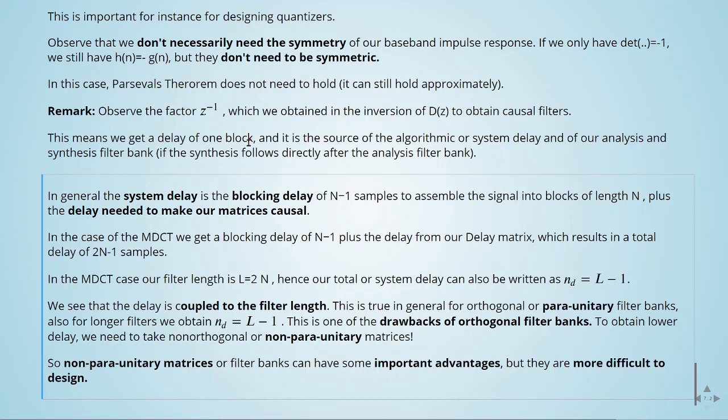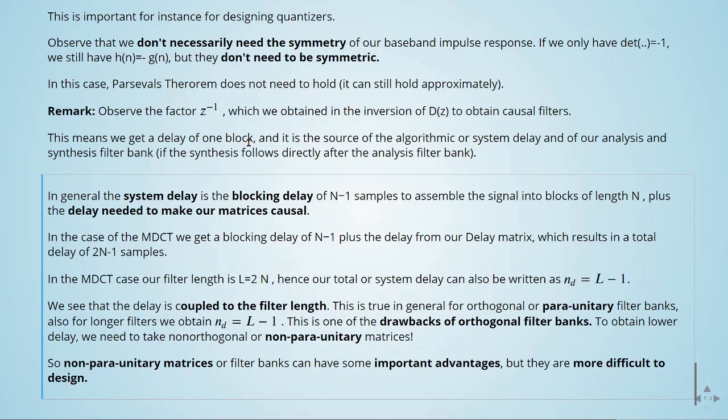In general, the system delay is the blocking delay of N-1 samples to assemble the signal into blocks of length N, plus the delay needed to make our matrices causal. This is a very important result.